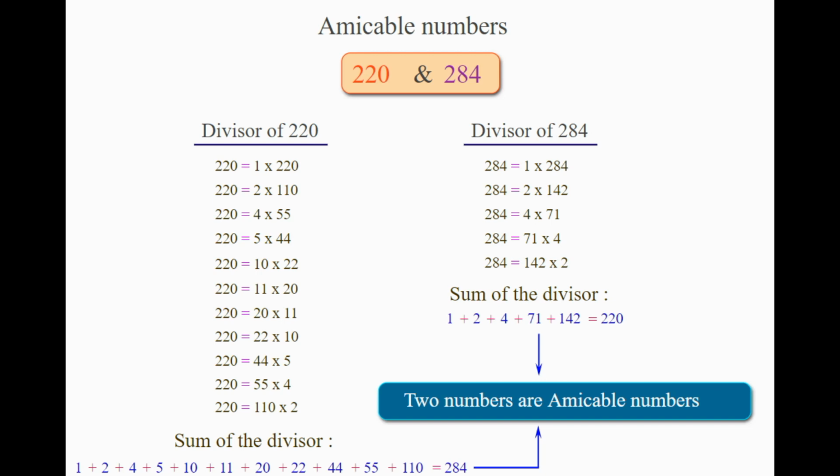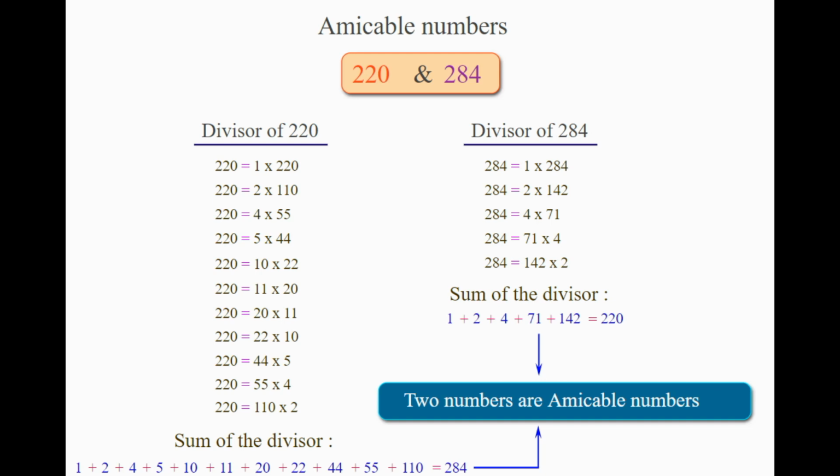At the bottom of the 220 table is given the sum of the factors of 220, which equals 284.